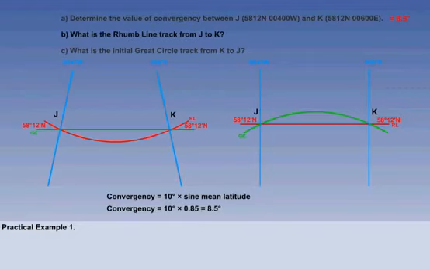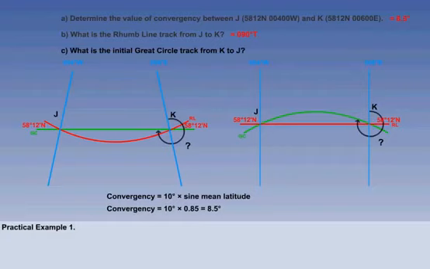What is the rhumb line track from J to K? J and K are both at the same latitude. So what will the rhumb line track from J to K be? Clearly, the answer is 090 degrees true. This is a parallel of latitude. So that's the second part answered.